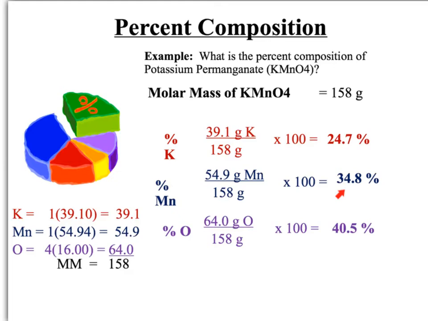We get 34.8 as our percentage. With oxygen, we take the mass of the 4 oxygens divided by the molar mass times 100, and we get 40.5. Now to spot check your answers, 24.7, 34.8, and 40.5 should equal 100%.